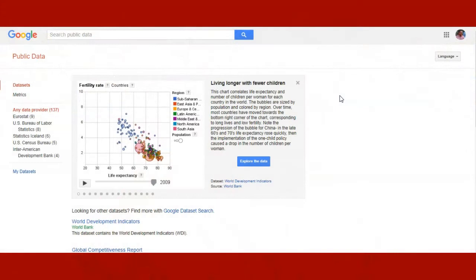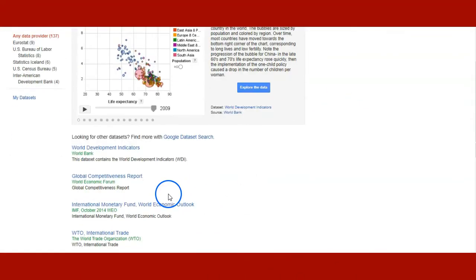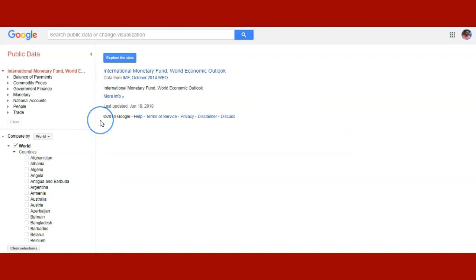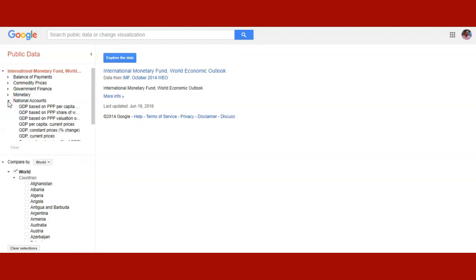So here we are at the Google Public Data page. We're going to scroll down a little bit and we're going to find International Monetary Fund data. So here we are. Now, let's look at economic growth. So we're going to find economic growth. So let's go into national accounts. So we're looking for something like economic growth.